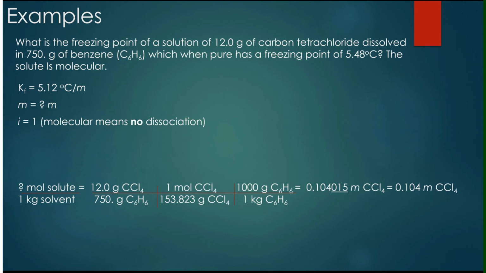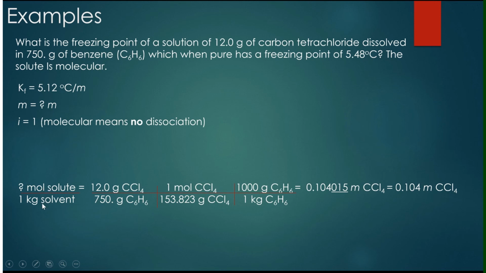Once again, we were not given the molality, so we had to solve for it. 12 grams of carbon tetrachloride over 750 grams of benzene. Our quick grams to kilograms conversion, we'll put kilograms on the bottom. And grams to moles, we want moles of solute on the top. I think it always helps to list what it is we're looking for.